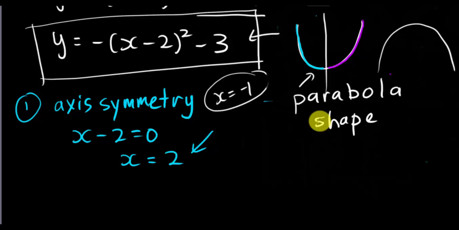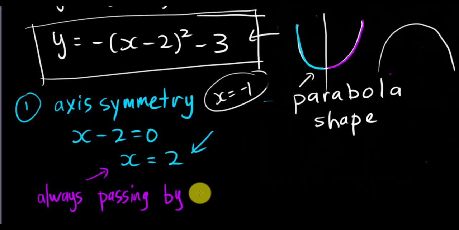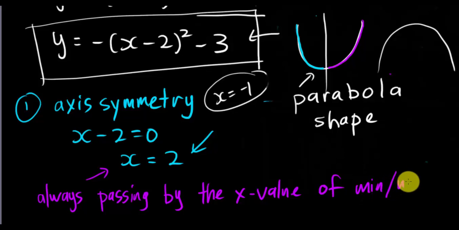And something very important about the axis of symmetry is that it always passes through the minimum or maximum point. They're always passing through the x value of the minimum or maximum point or coordinates.